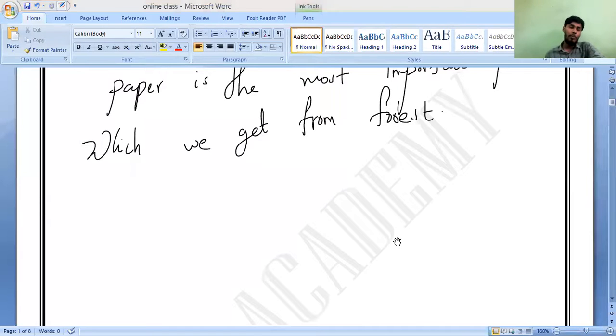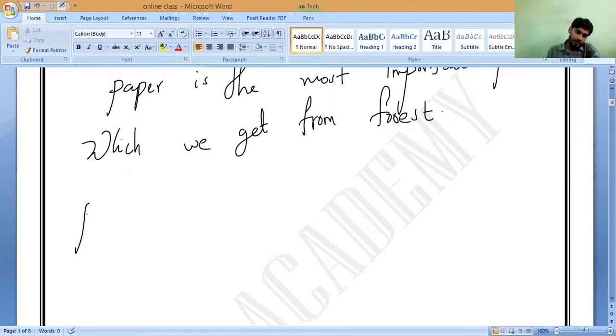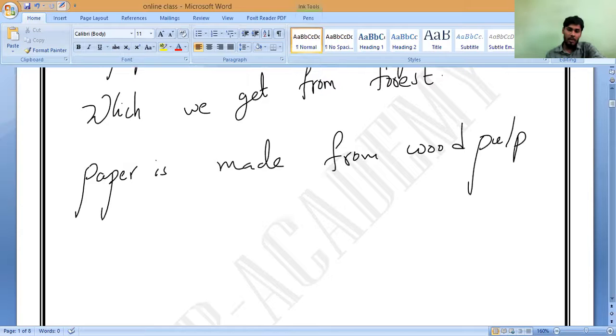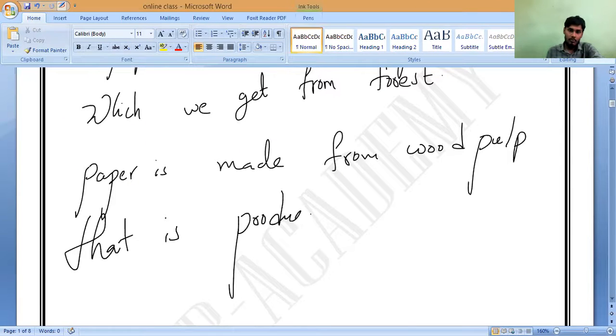Paper is made from wood pulp. Do you understand it? Wood pulp is coming from where? It is produced from the wood of forest trees. Correct or not?